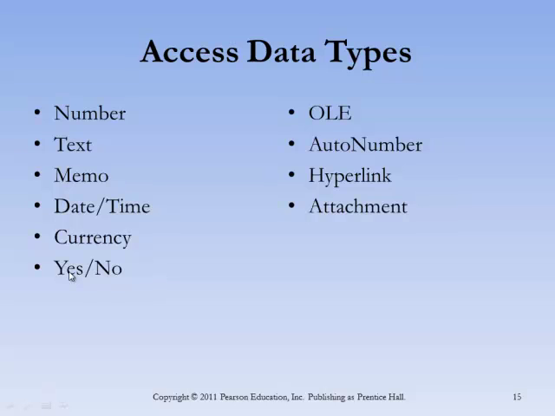It's either yes or no. Some databases call this true or false. Same thing. Then the AutoNumber field is typically used a lot of times for the primary key. Primary keys don't have to be AutoNumber, but you'll see that sometimes they are. We won't be using OLE, hyperlink, attachment, or memo much.